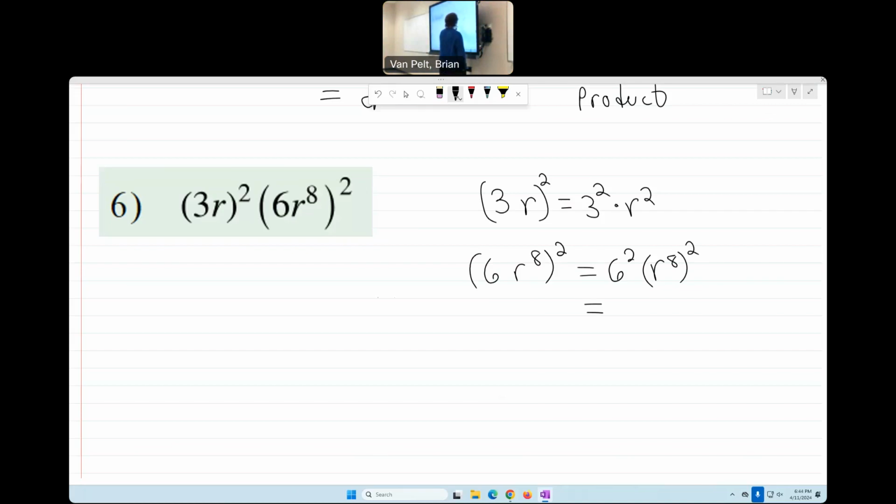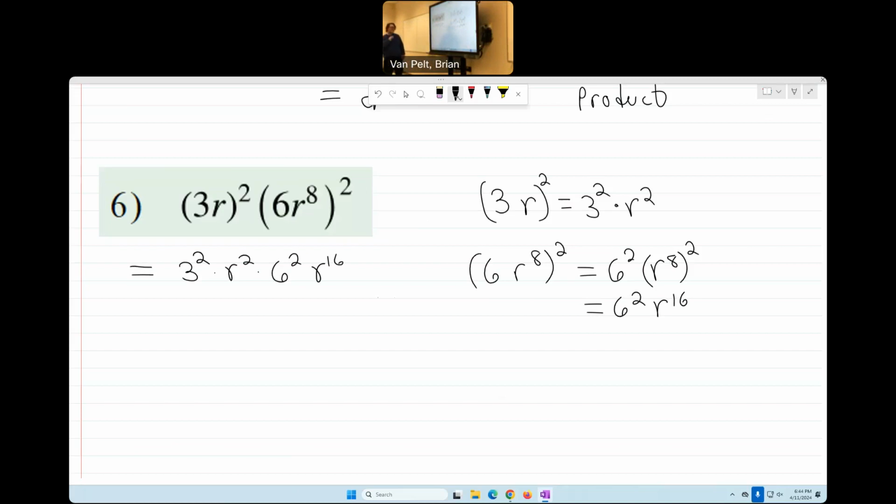So we've got 6 squared times r to the 16th power. That's one of those power rules. So let me put what I've got so far underneath: 3 squared r squared, and this part was 6 squared r to the 16th.